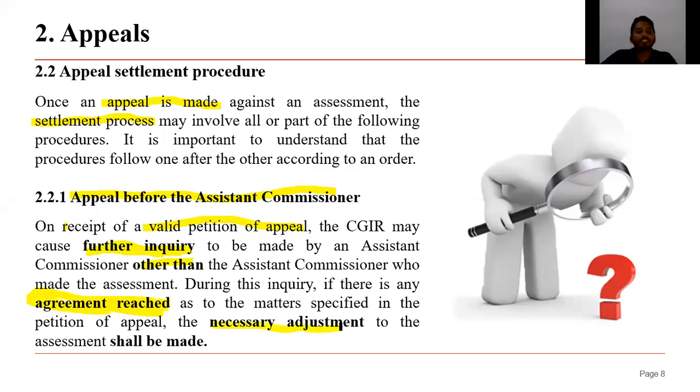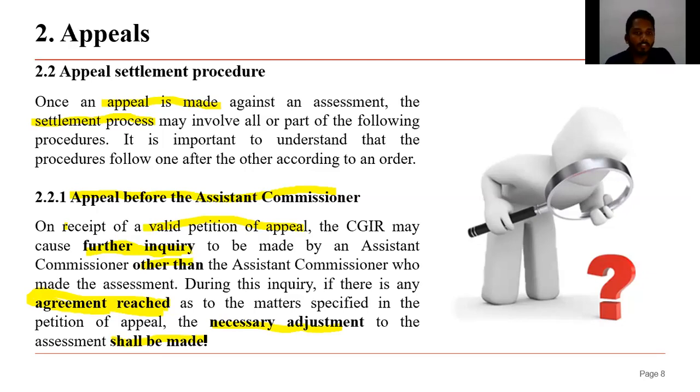Necessary adjustment shall be made. Let's say you declared 100 million, and the department says another 100 million is there, but you say there is a bad debt of 100 million. The department says no, you have only 50 million of bad debt, as we realized from the auditor's report document.